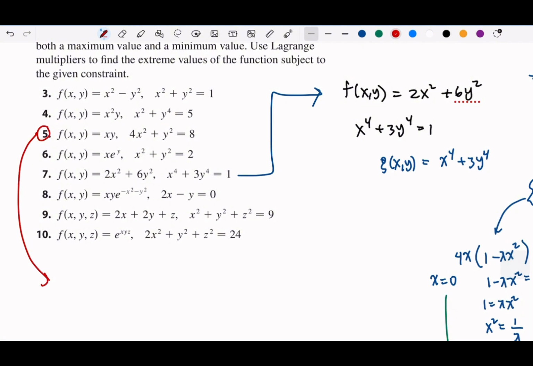Just use the principle, del f equals lambda times del g. That's it. And then just solve the system of equations. The partial derivative is just in between.